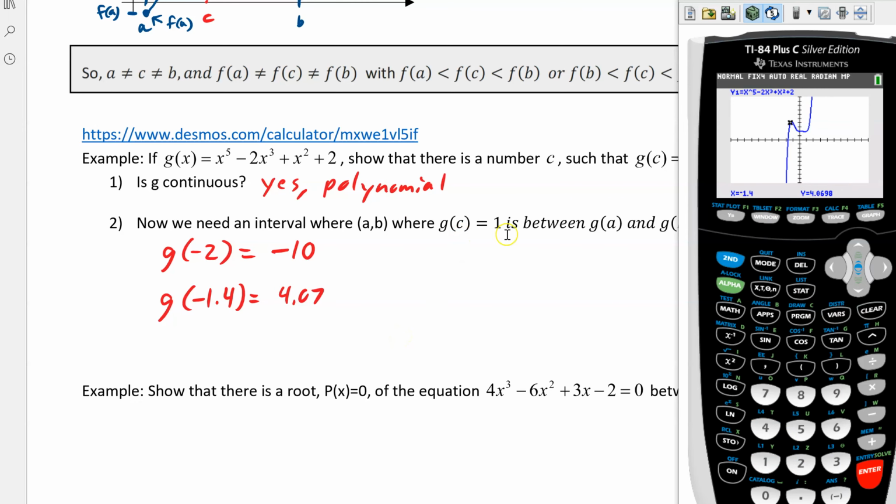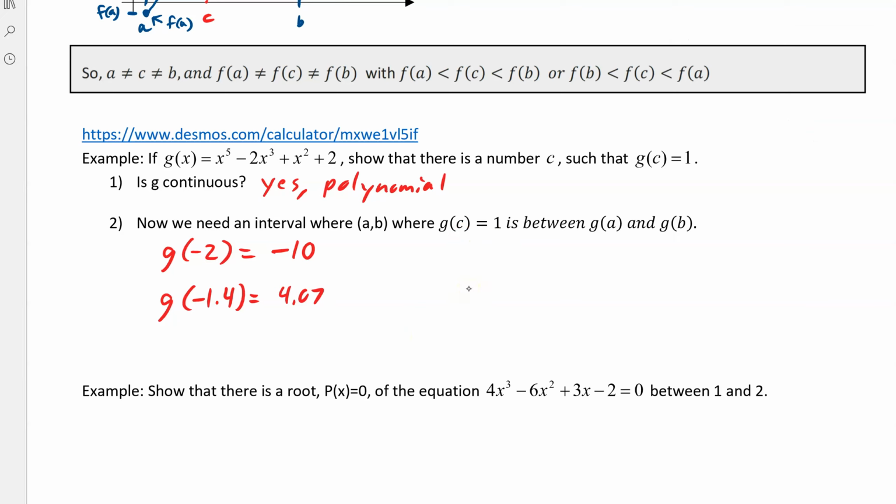And now we say that g of c is between that. So you can now say, well, g of negative 2 is equal to negative 10. And our g of c is greater than that, which is less than our g of negative 1.4.